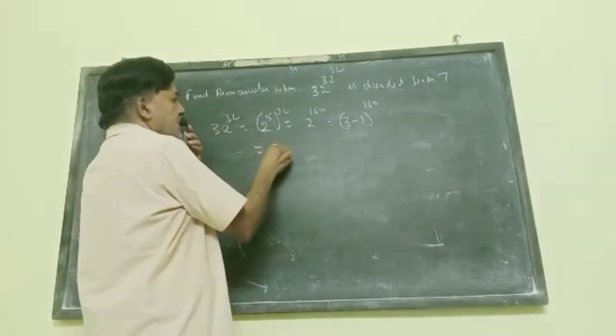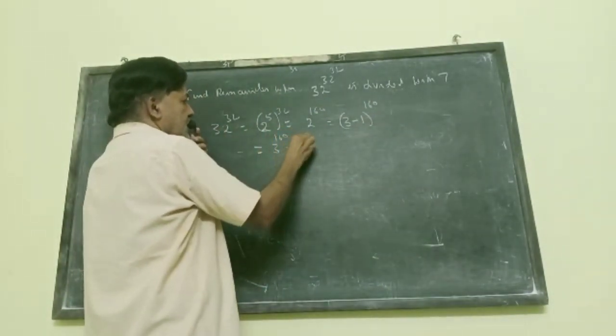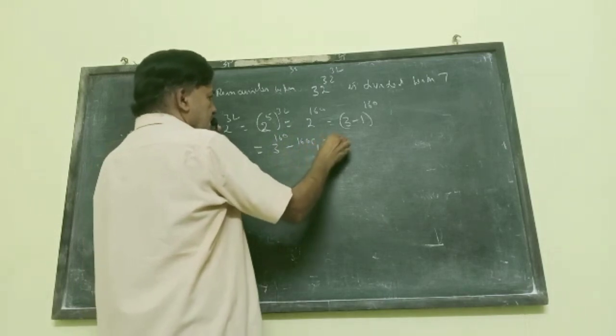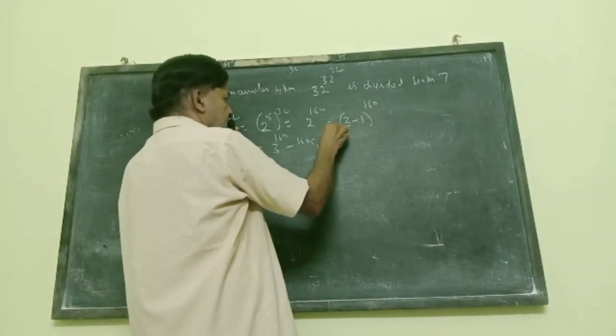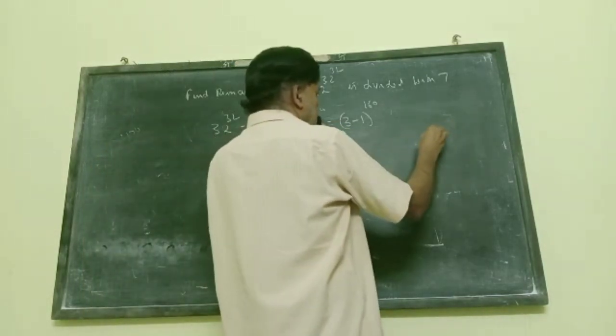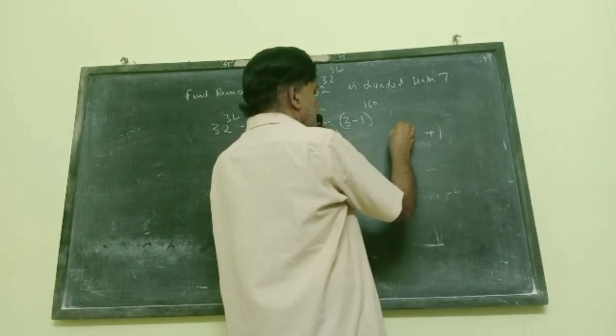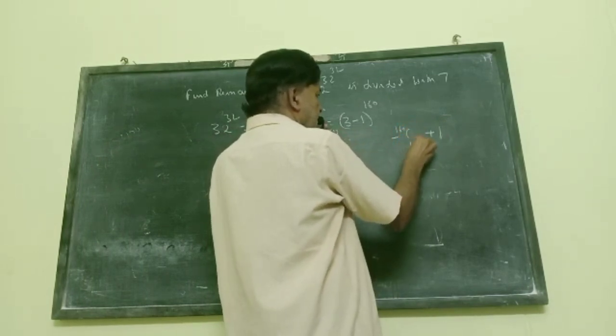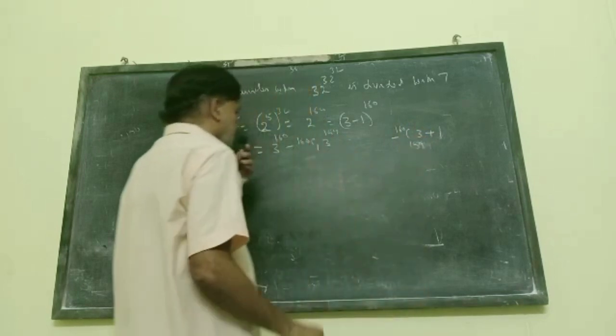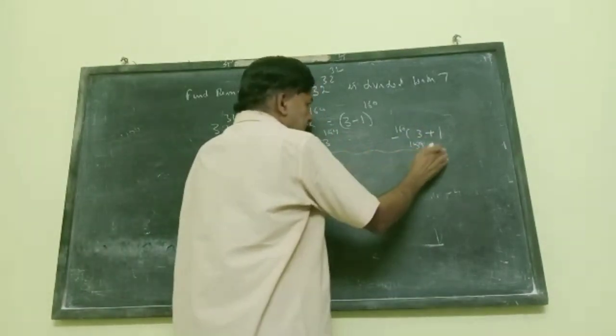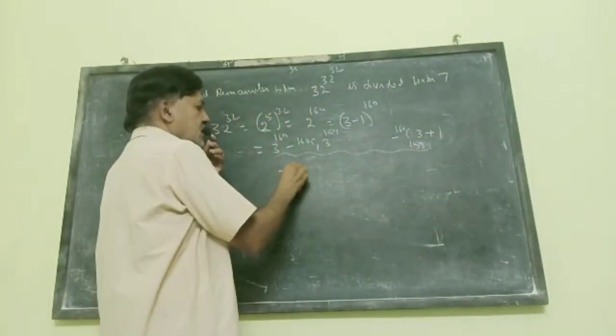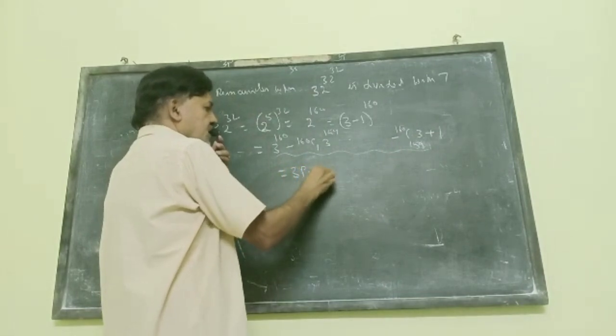This can be written as 3 power 160, 160 C 3 power 159, finally 1. Before this, 160 C 159 3. This is all a multiple of 3. So this is of the form 3p plus 1.